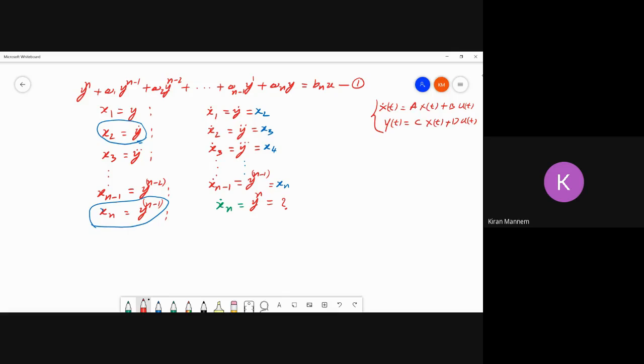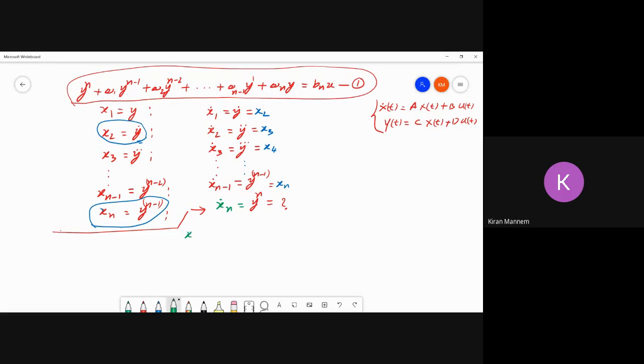Now this value, the last term, can be determined from equation number 1. x dot n is nothing but your y to the power of n.